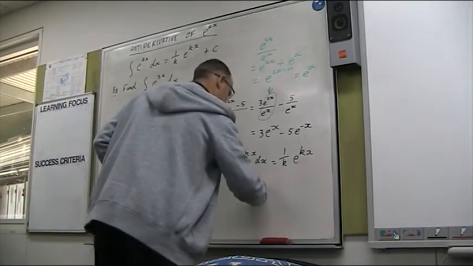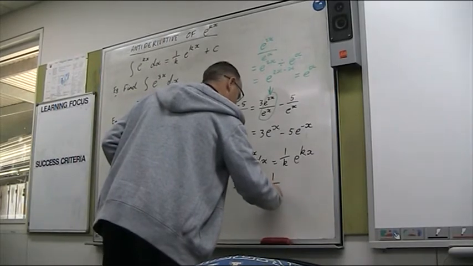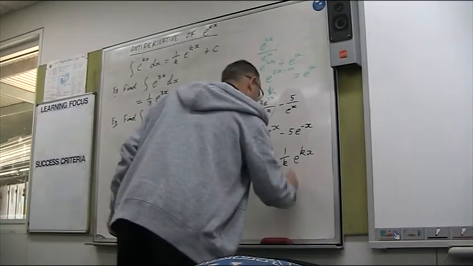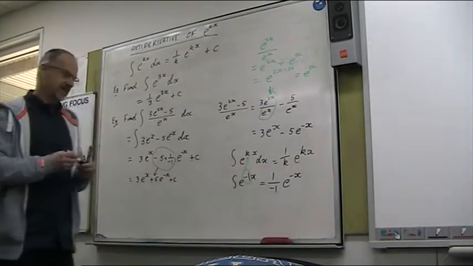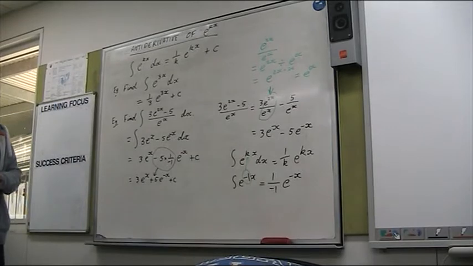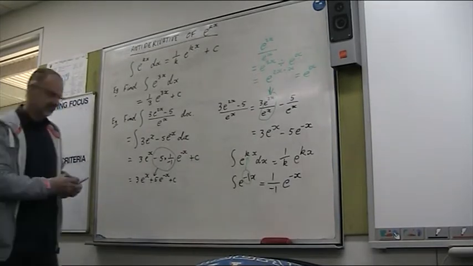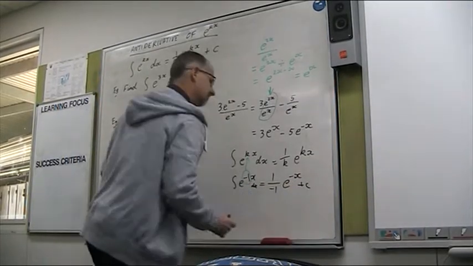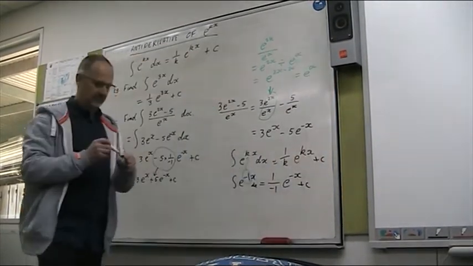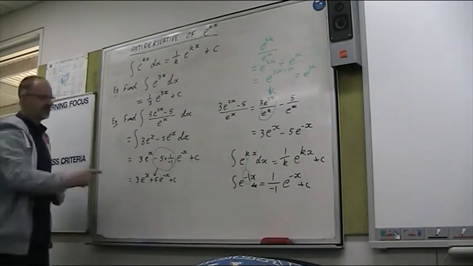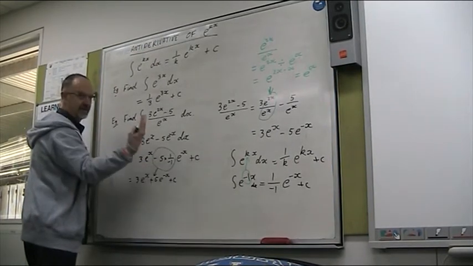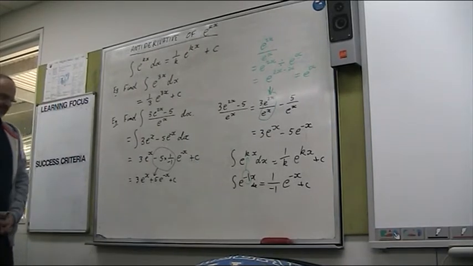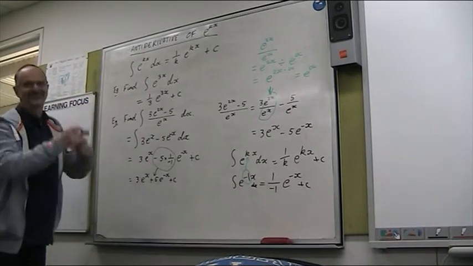So it's 1 over minus 1, and then e to the minus x. And so then we've got negative 5 times negative 1, positive 5. And because the 3e to the x has a k of 1, it just becomes 1 over 1 instead of 1.